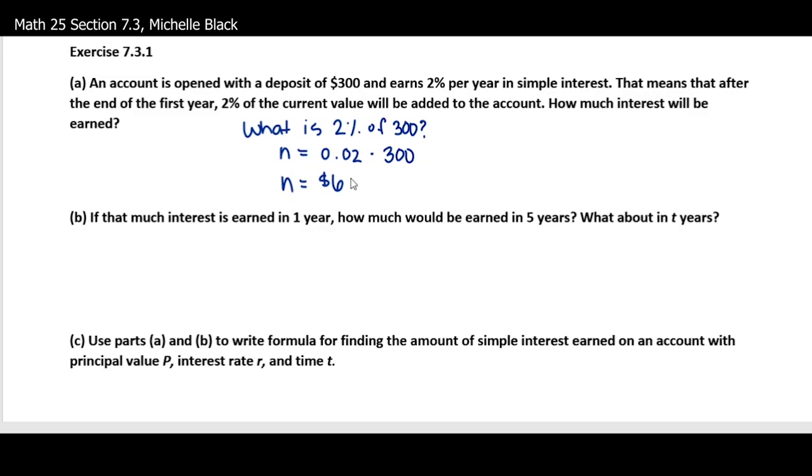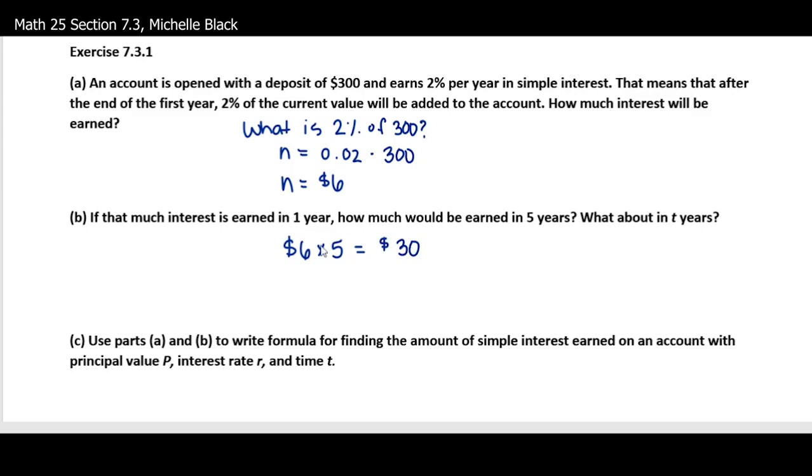If we earn $6 in 1 year, how much would we earn in 5 years? Okay, well, if we earn $6 every year, and we're doing it for 5 years, then at the end of 5 years, we're going to have earned $30. Well, what about in T years?